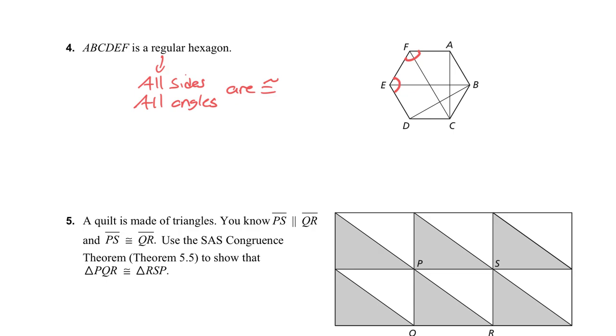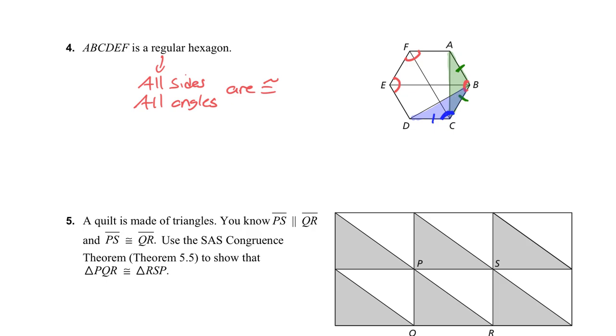So I'm going to highlight here triangle ABC. And if I look at that, the sides are congruent. And I know angle B is going to be congruent to all the other angles in this picture. Then I can look at triangle DCB. DCB has the two sides and an included angle.